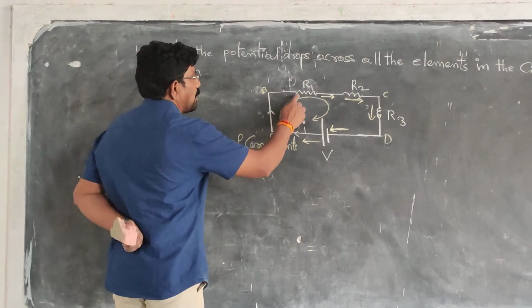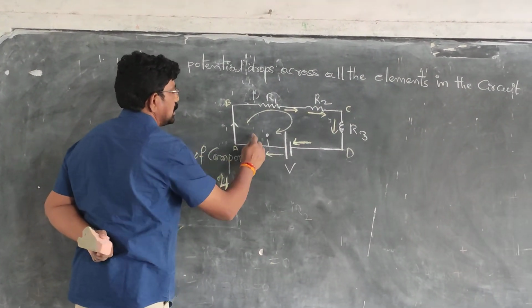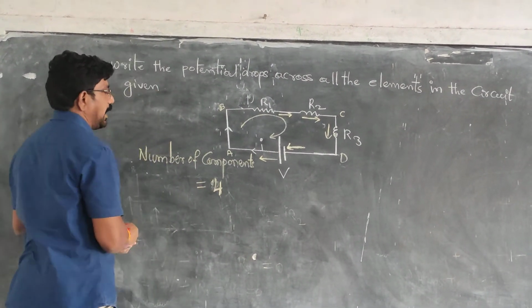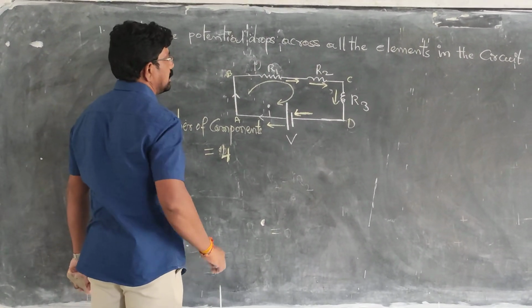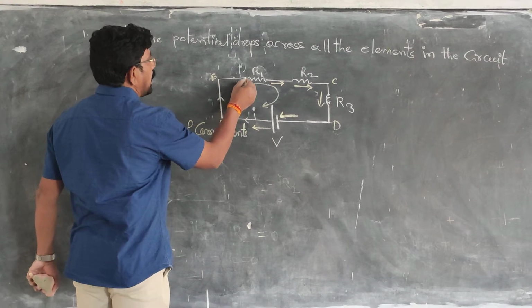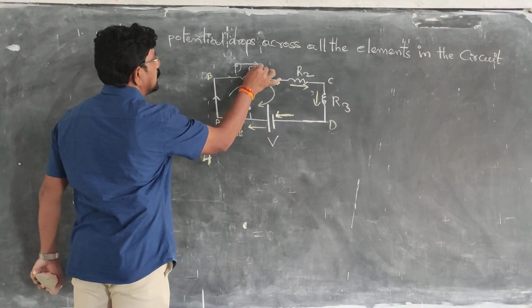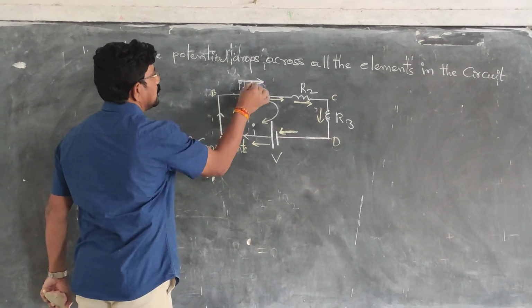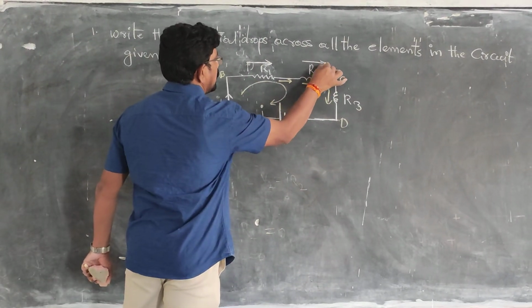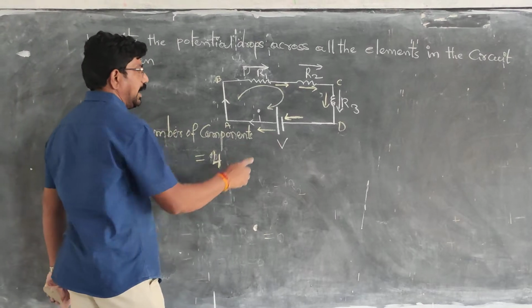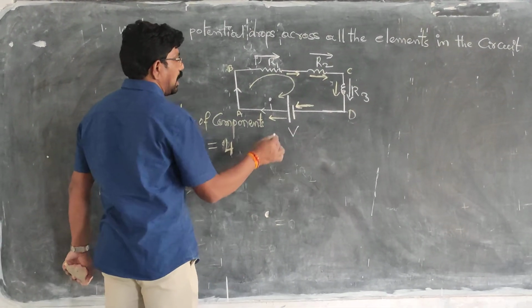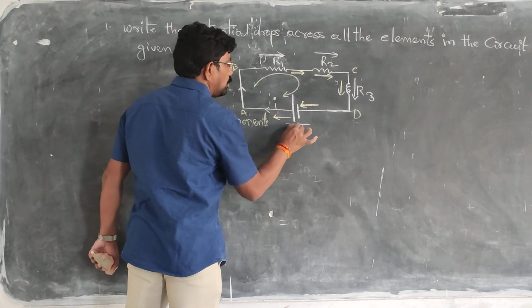Now write the clockwise arrows. These are all the clockwise arrows. Next, at each and every component, write the direction of the current. See this one, the current is moving along this direction. This is the direction of the current, and this is the direction of the current. And at the battery, you remember, current always flows from positive to negative terminal.